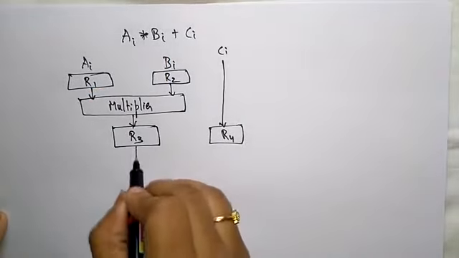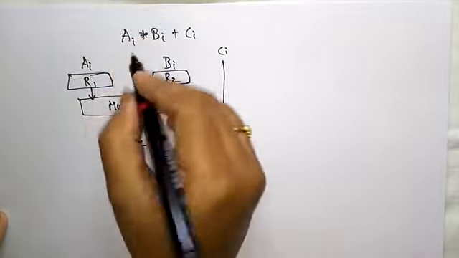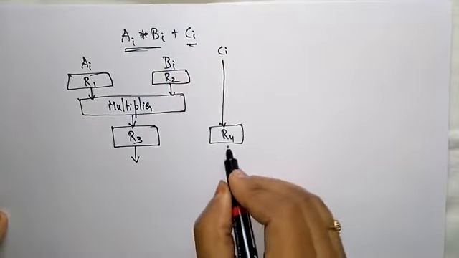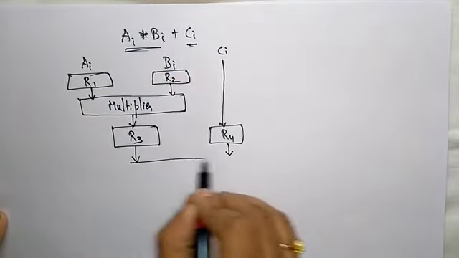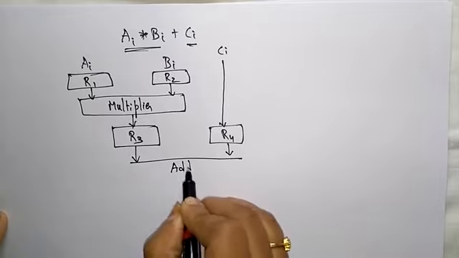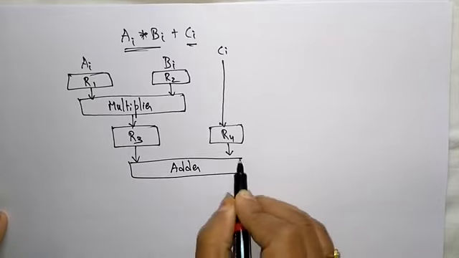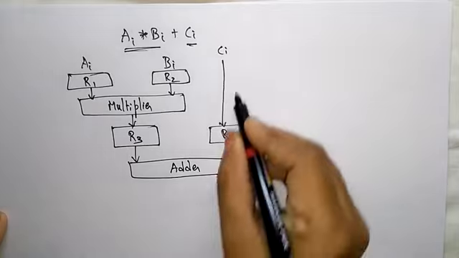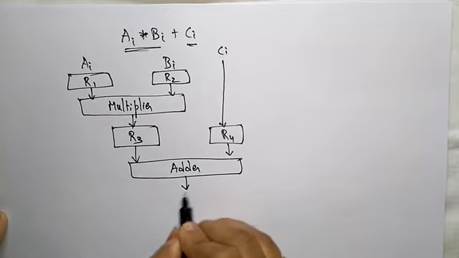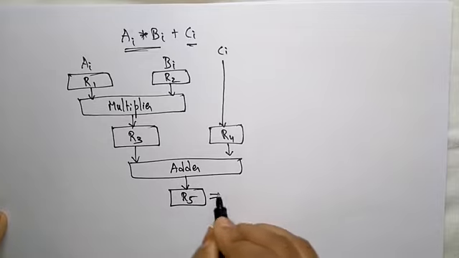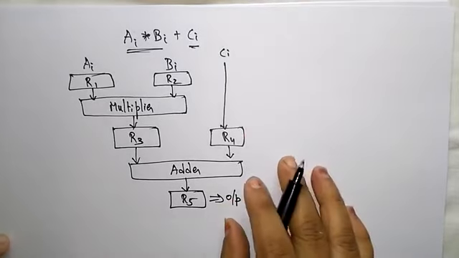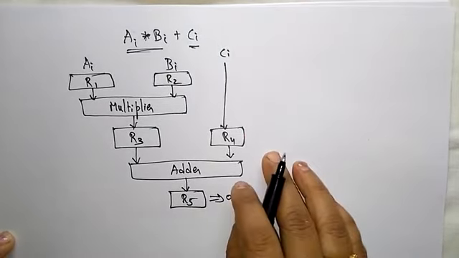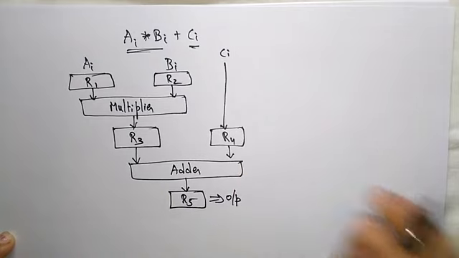After that you have to add these values, so place the adder. That is R3, Ai * Bi, plus Ci. The final result will be stored in the R5 register. So this is the output. This is the way the instruction will be executed in the processor, instruction by instruction.